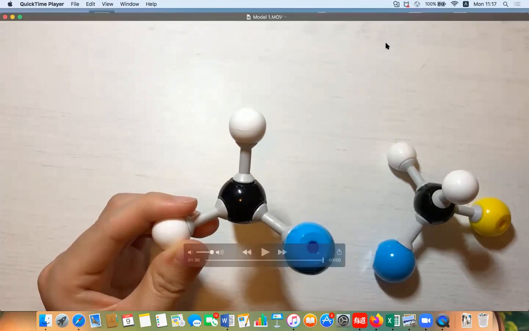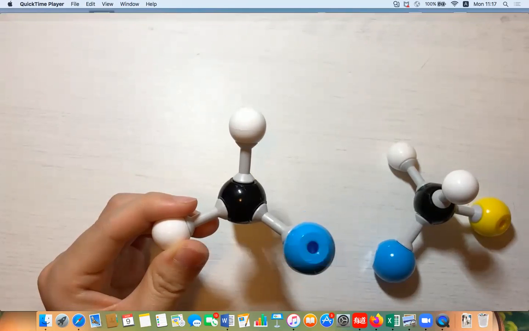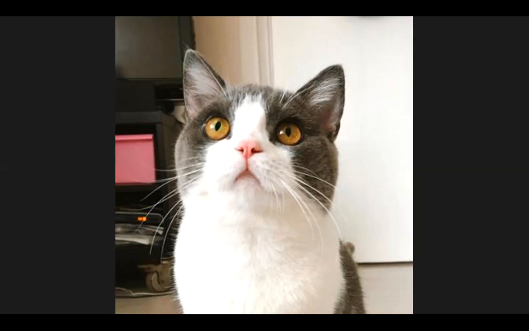Here's the first example, model 1 given on page 10 of your notes. For the first one, because the mirror image can be put on top of the original one, we call it superposable, hence it's achiral. Then take a look at the next page, your page 11.